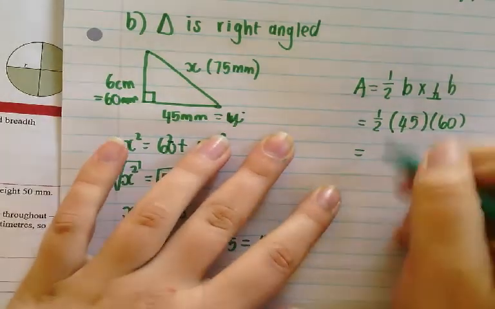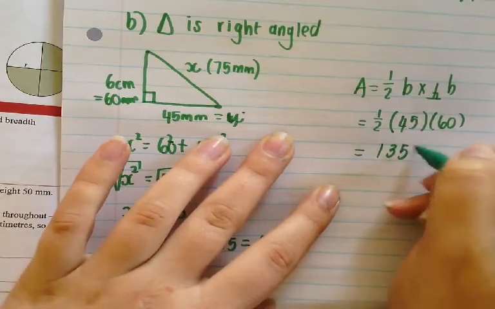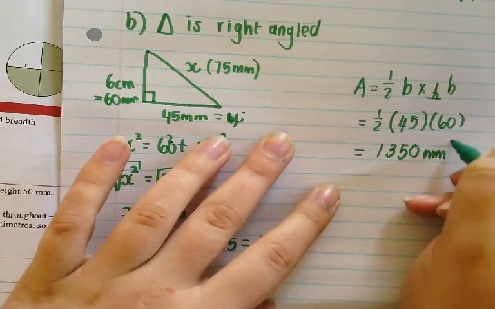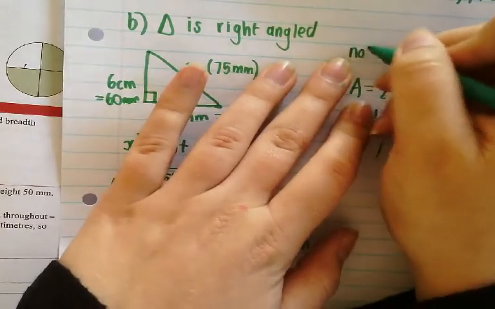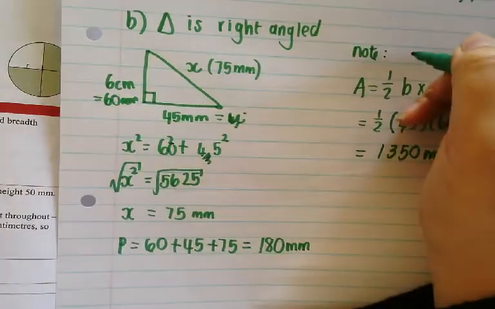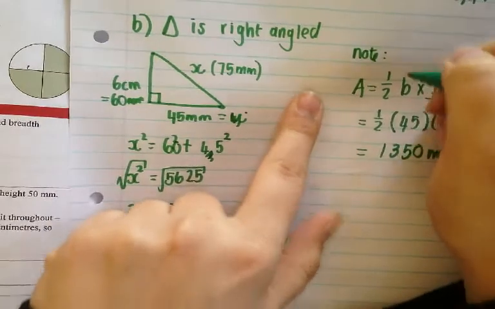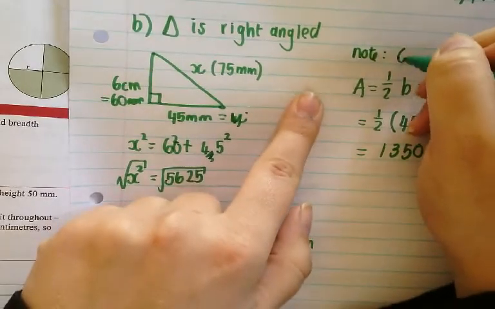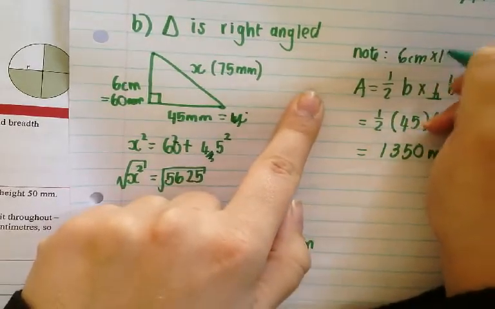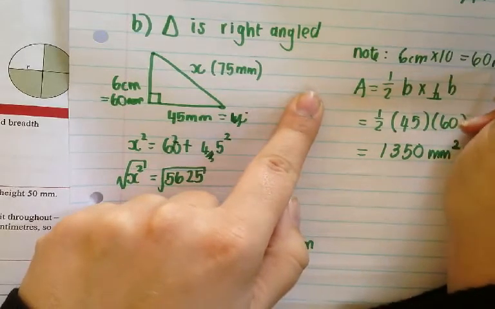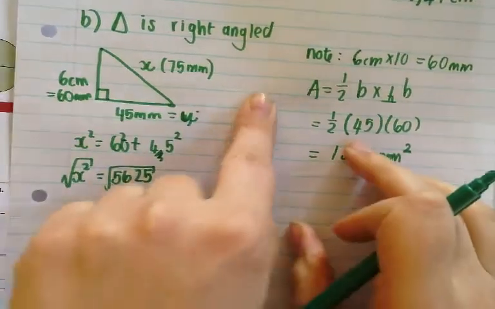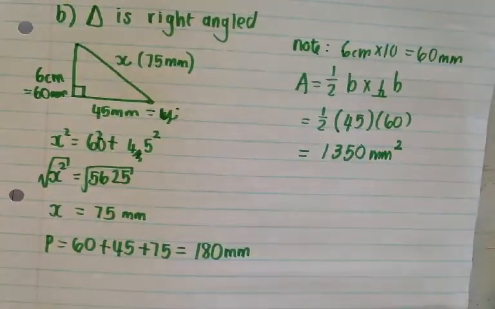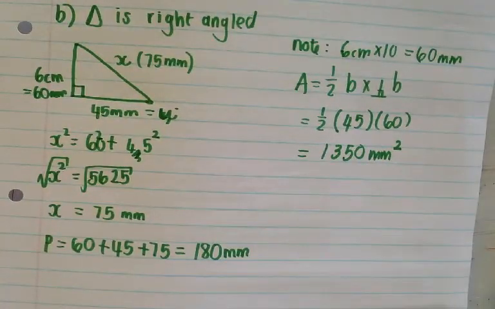Gives me 1,350 millimeters squared. So note, please, I did it automatically and I realize that you are still learning. 6 centimeters times 10 gives me 60 millimeters.